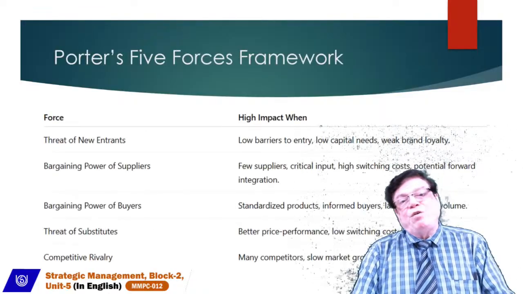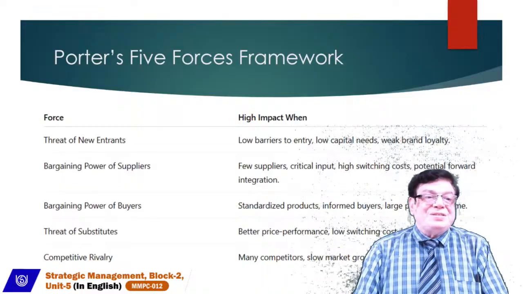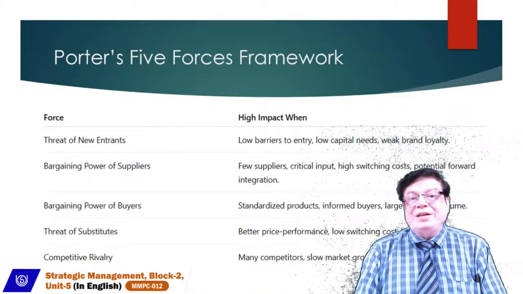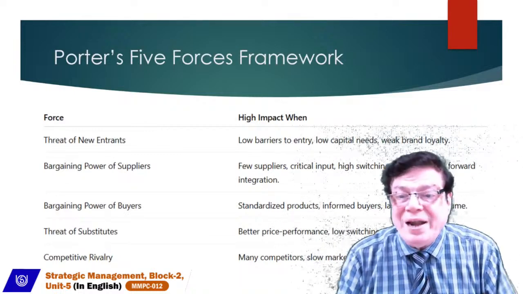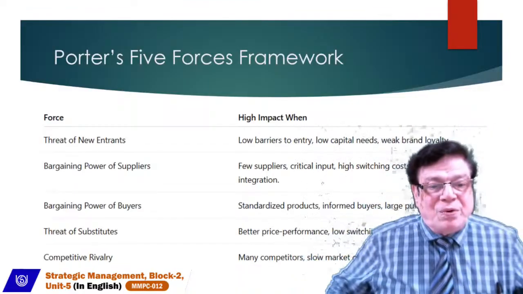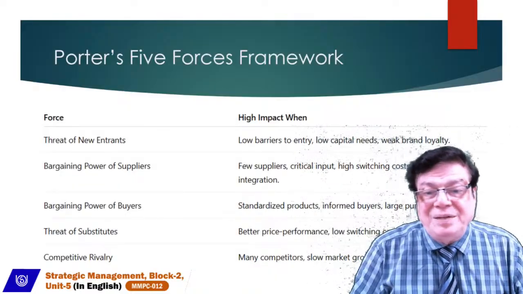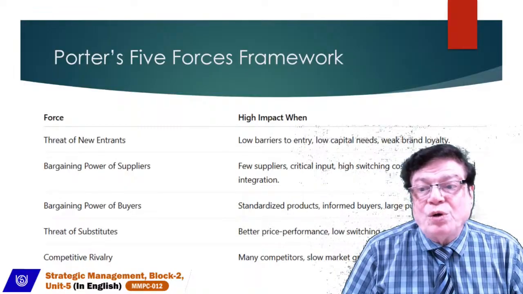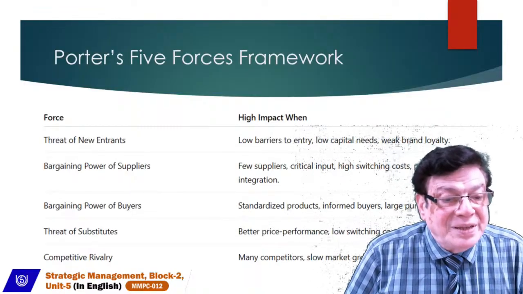Now, Porter's five forces framework. What Porter says: threat of new entrants, low barriers to entry, low capital needs, weak brand loyalty. Bargaining power of suppliers, few suppliers, critical input, high switching cost, potential forward integration.